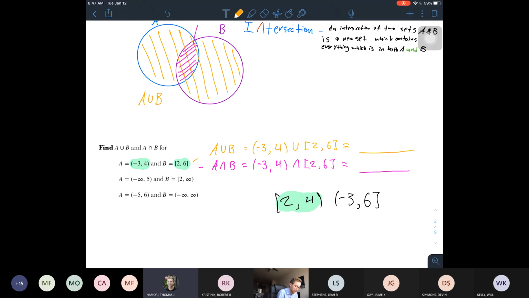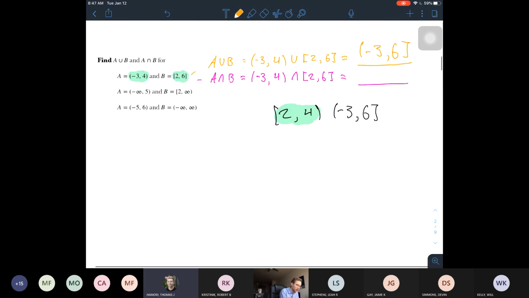And then I'll illustrate what's going on with a number line. We should use this answer. Okay, so here's what's going on the number line. We've got -3, 2, 4, and 6 here.